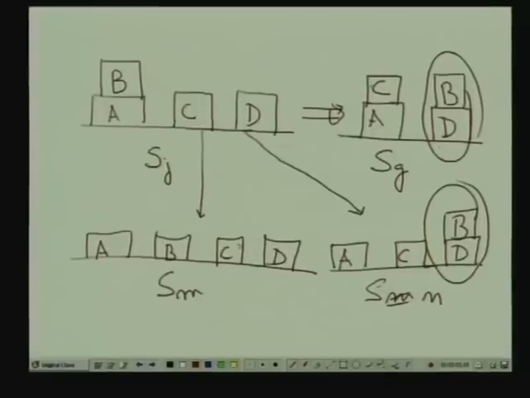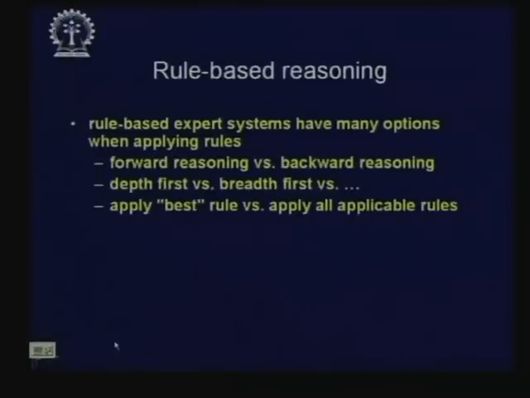So, if that is my heuristic function, I will apply this rule instead of the other, because that will reduce my distance to the goal. These sorts of judgments are used in order to do best first search. So, apply the best rule, that is one approach.